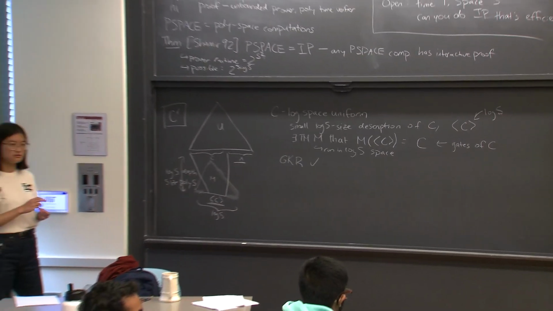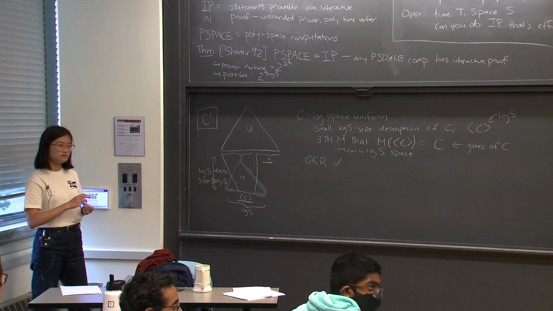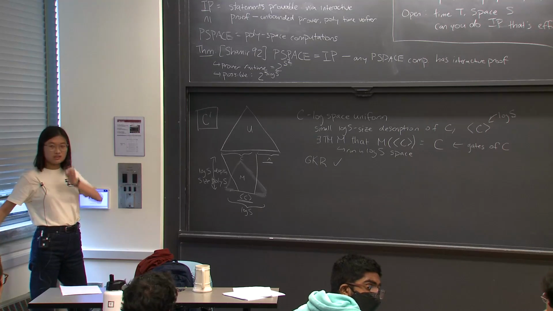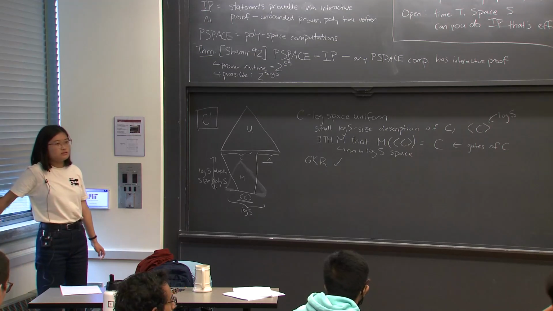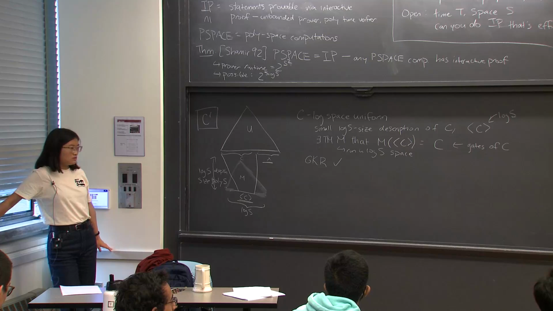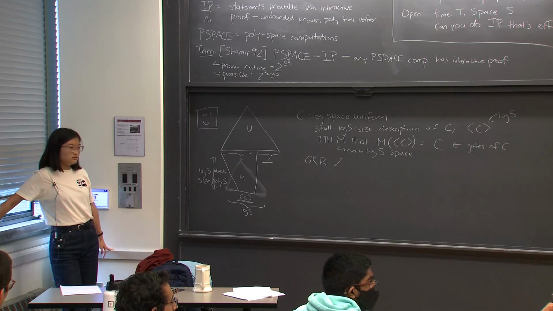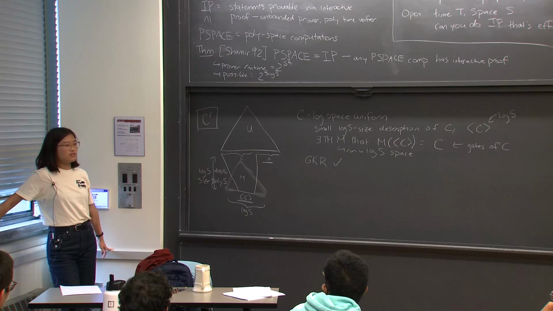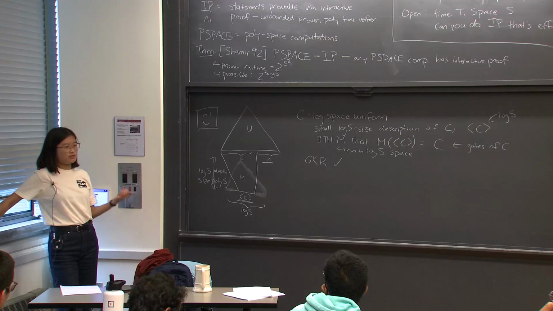But space S gets turned into depth of roughly S squared in this transformation. So if we have space S squared to start, we get depth S to the 4th, which is okay. But then the question is the prover runtime. The reason we're doing any of this is because of prover runtime. You actually get an advantage in the prover runtime.